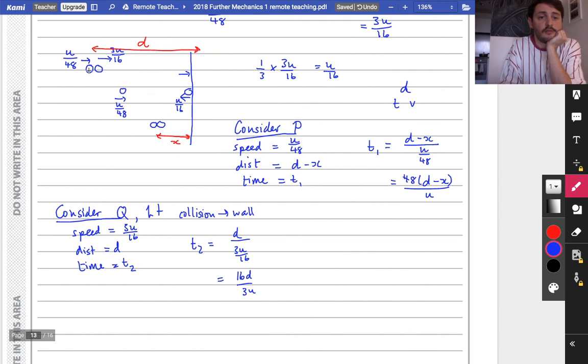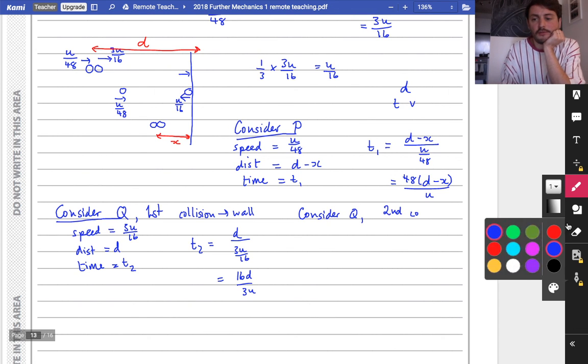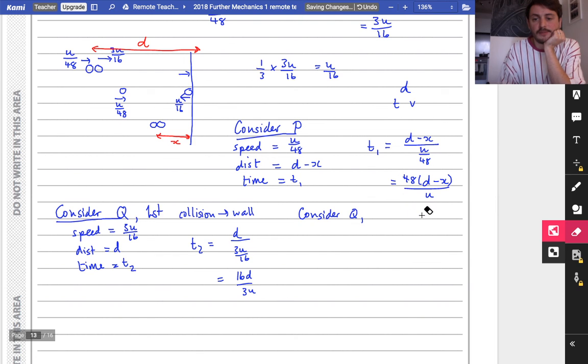Sorry, time 1 is for P to go from here to this collision. Time 2 is for Q to go from here to this bit. And then time 3 is going to be for it to go from here to here. And then we're going to try and think how all those times connect together. So I should say first collision. And now I'm going to consider Q for the wall to the second collision.